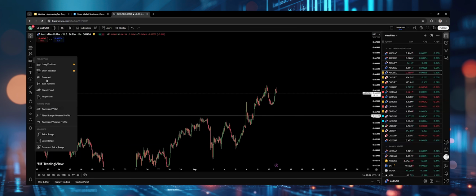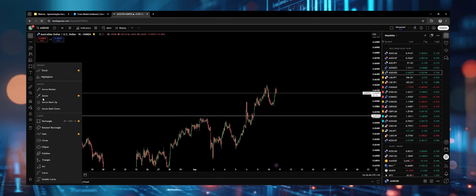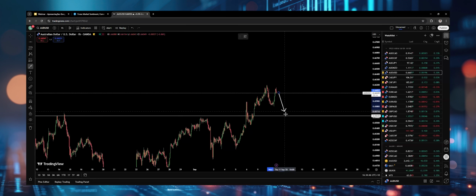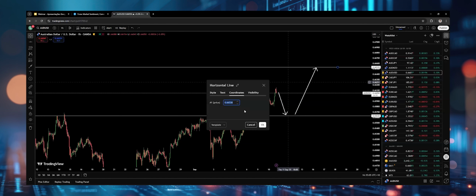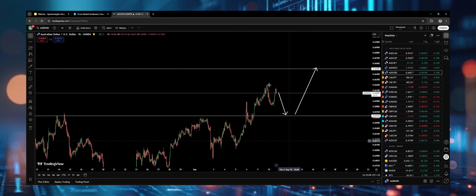Most likely what we can wait for is a pullback somewhere around 65,630, and then a continuation up to 66,500. Sorry, 66,500. So my target would mainly be 66,500, at least for now.